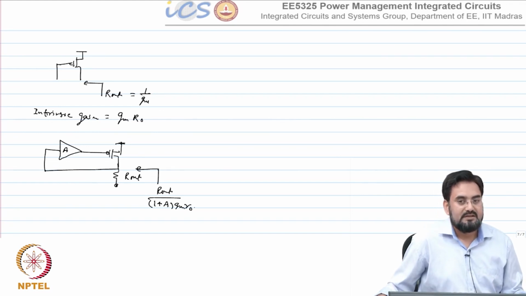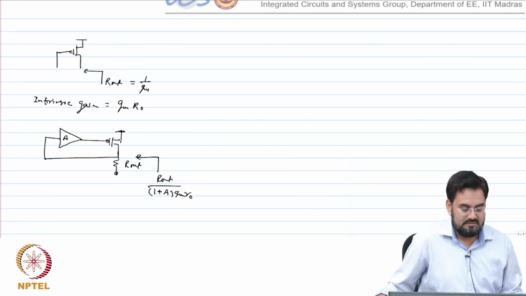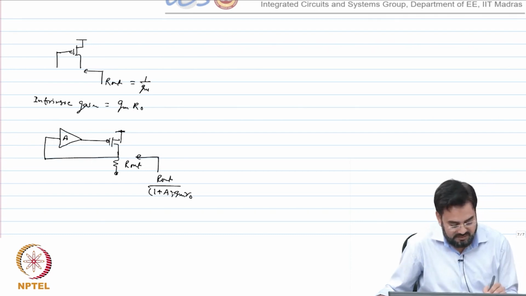Correct. Sorry? R out by 1 plus A into GM, because the loop gain is A into GM R out. Sorry. Anyway, forget A. Forget 1.